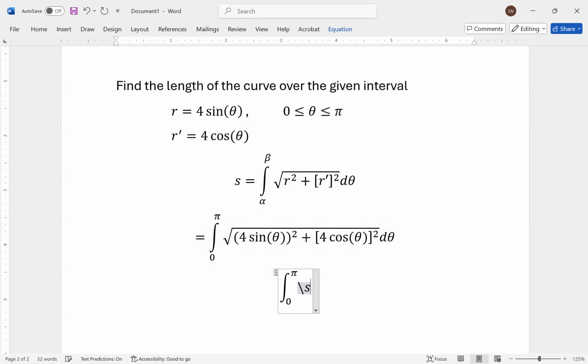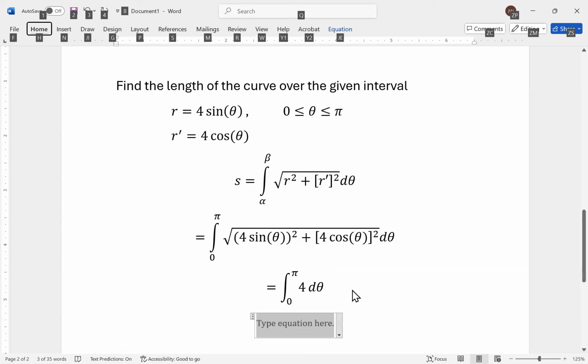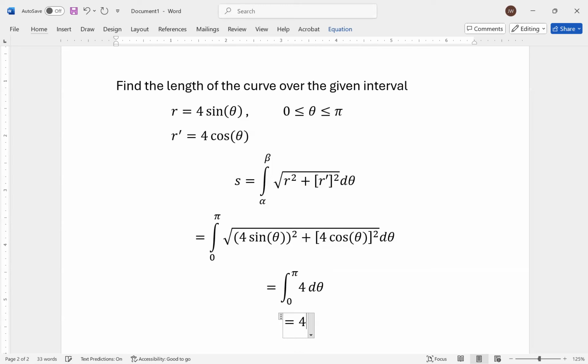So I get the square root of 16 times 1 integrated with respect to theta. Square root of 16 is just 4. I should put an equal sign right there. When I integrate that, if I do this by hand, I end up with 4 pi.